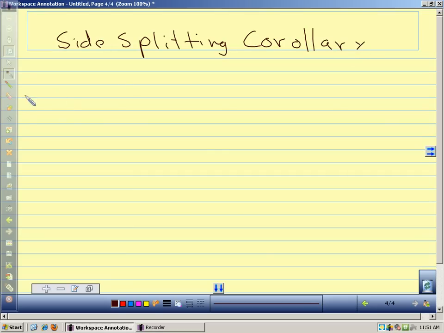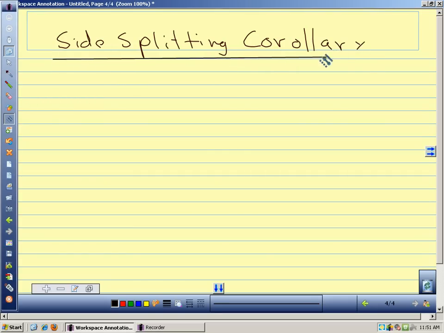And a corollary, just as a reminder, means a theorem that we can figure out easily once we know our first theorem.